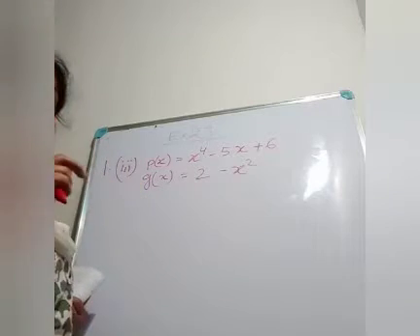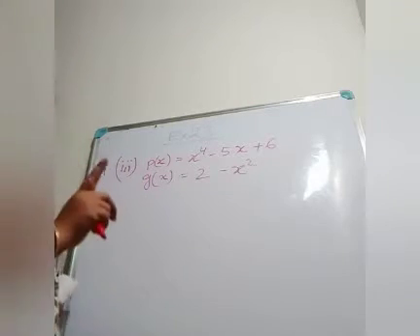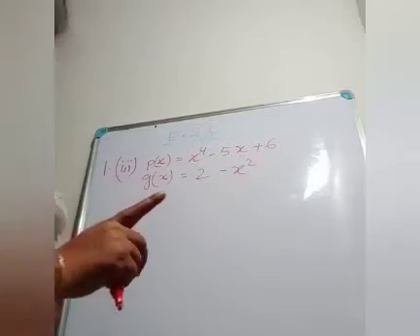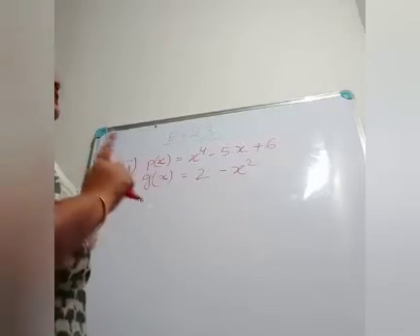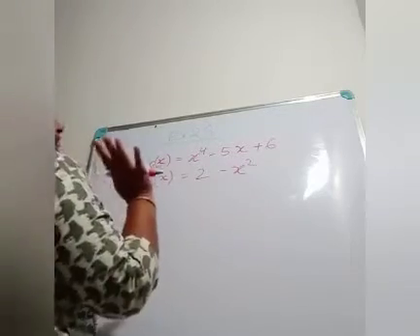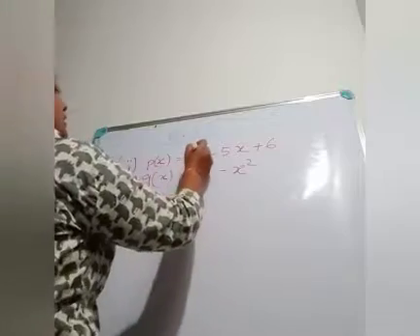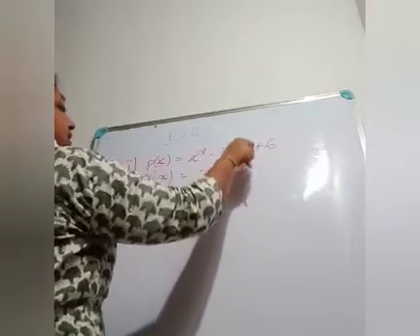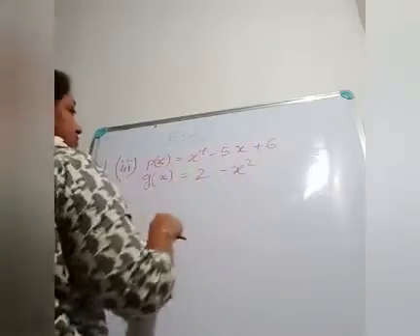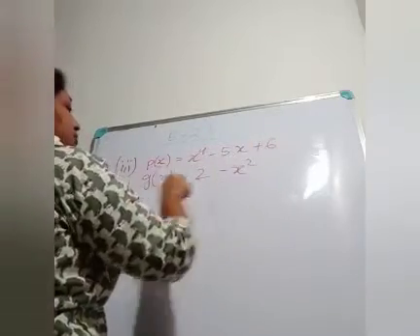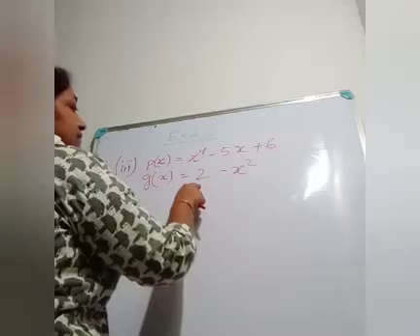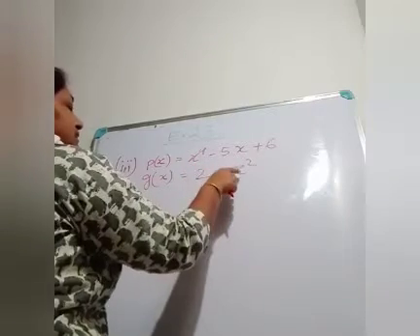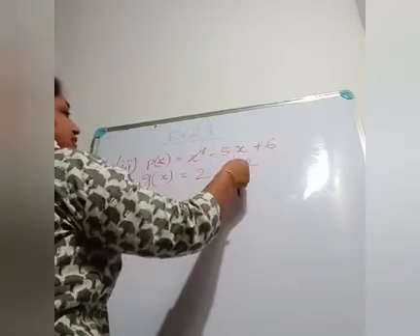First, when you are going to divide, you have to arrange the terms of the polynomial in the decreasing order of their degrees. Here you see degree 4 is given, next degree 1, and next degree 0. But in the polynomial g(x), degree 0 is given first and after that degree 2.